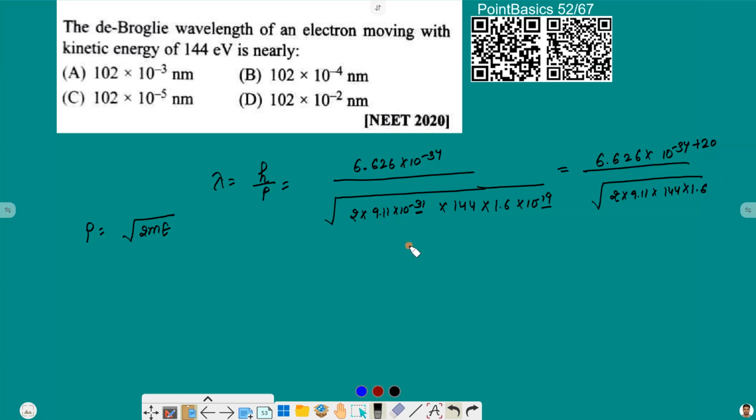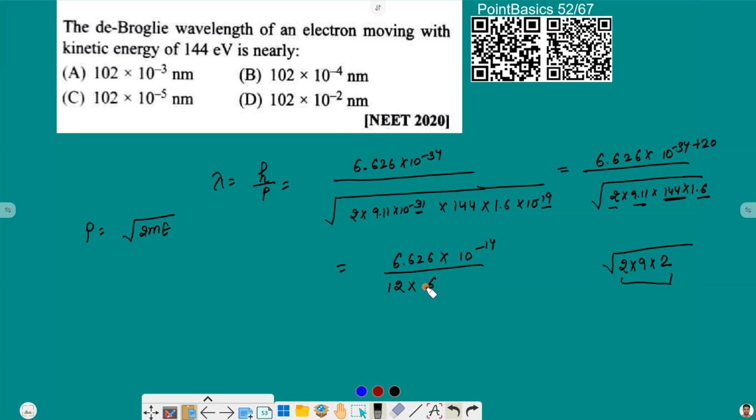Now further this can be written as 6.626 into 10 raised to power minus 40. Under root of 144 is basically 12. Multiply, here we have 2, 9 and 1.6, so we can write 2 into 9 into 2, just for approximation. Their under root will give us 3 into 2, 6.